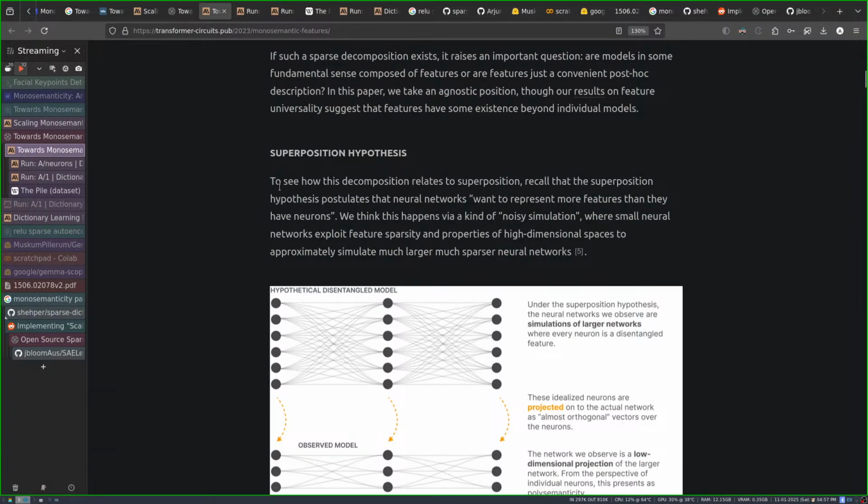Superposition hypothesis. To see how the decomposition relates to superposition, we recall that the superposition hypothesis postulates that neural networks want to represent more features than they have neurons.